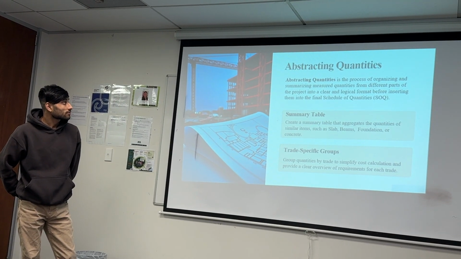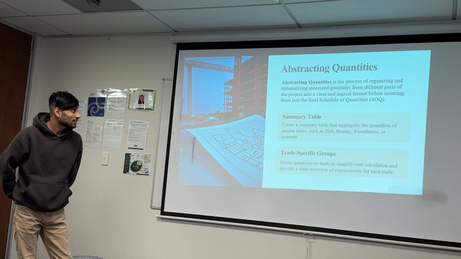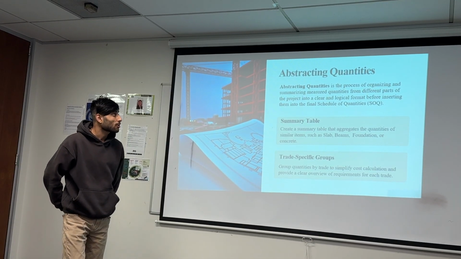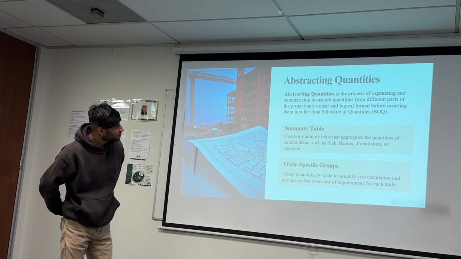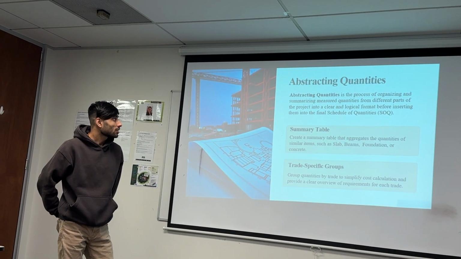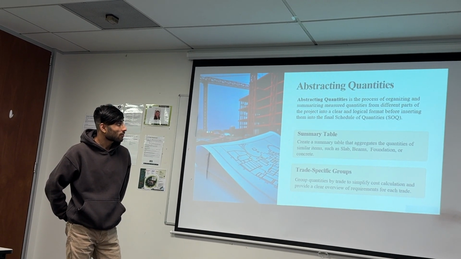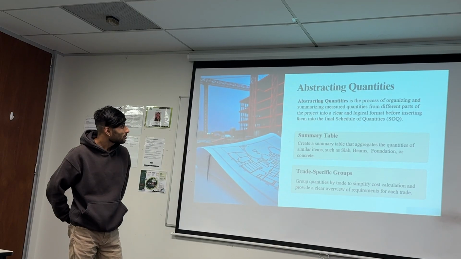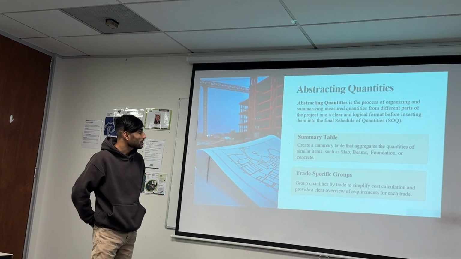Next one is extracting quantities. Extracting quantities is the process of organizing and summarizing the measured quantities from the different parts of the project into a clear and logical format before inserting them into the final SOQ.